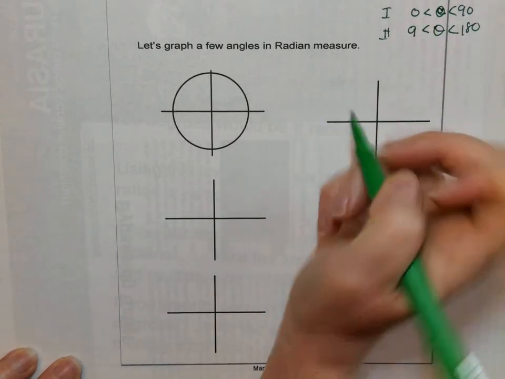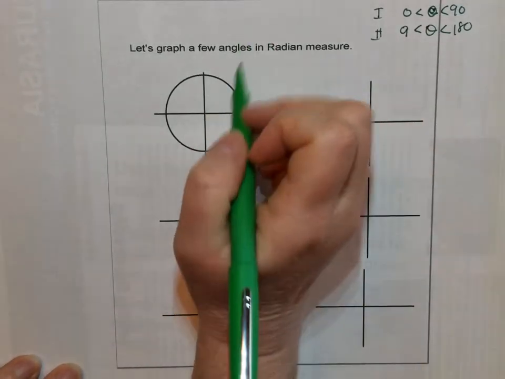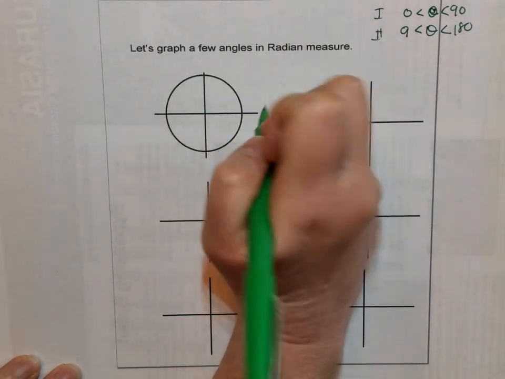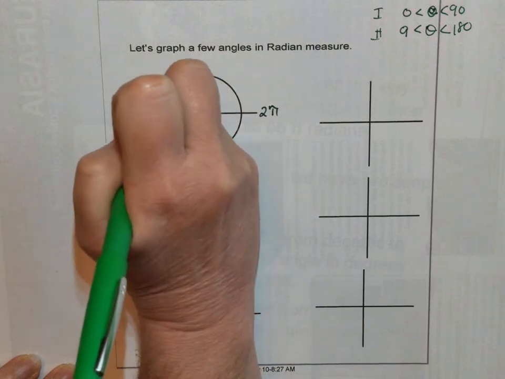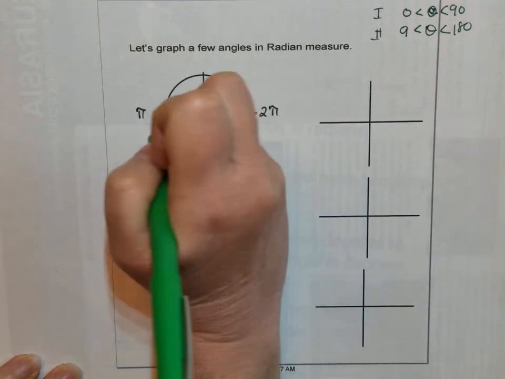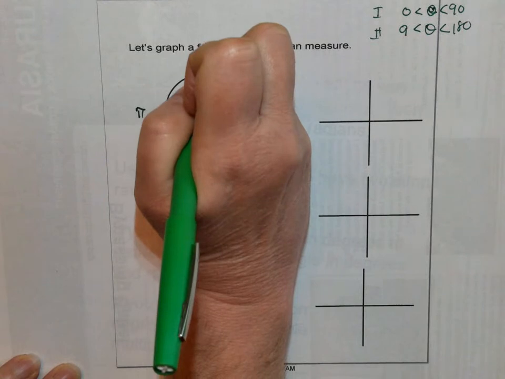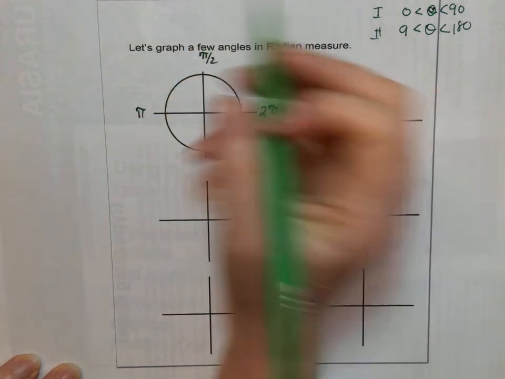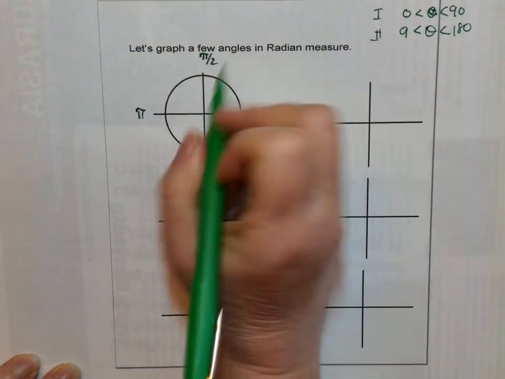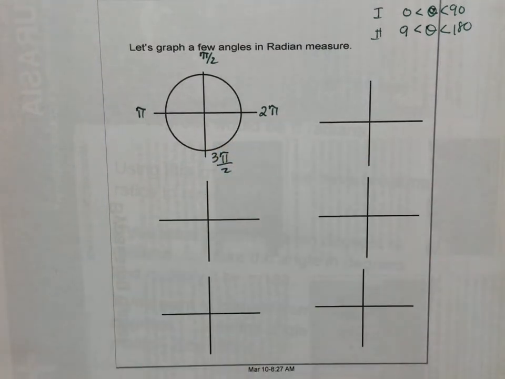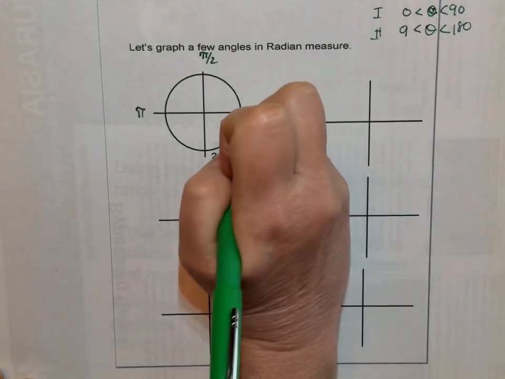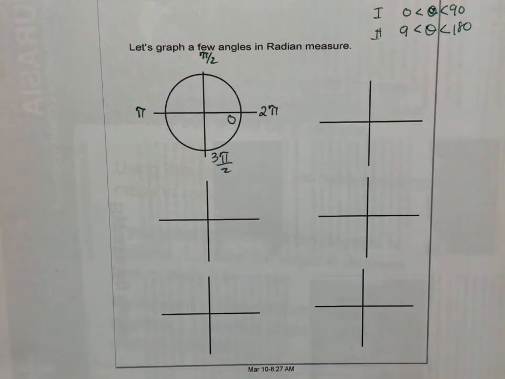There's a similar thing for this. As I go around the circle, since this is 2 pi, halfway around the circle would be pi. Halfway from 0 to pi is pi over 2, and halfway from pi to 2 pi is 3 pi over 2. So my posts are pi over 2, pi, 3 pi over 2, 2 pi, which we also call 0, depending on which direction we're going.